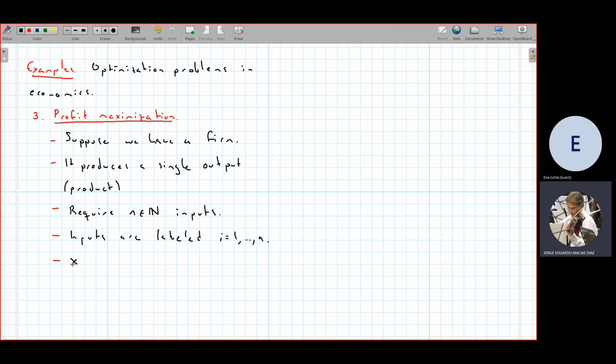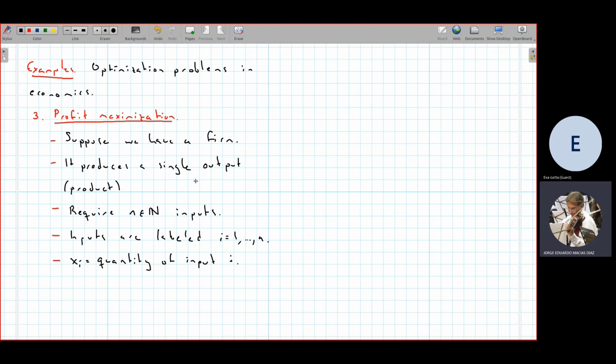And we are going to use the variable xi to represent the quantity of input i. Okay, so far so good.